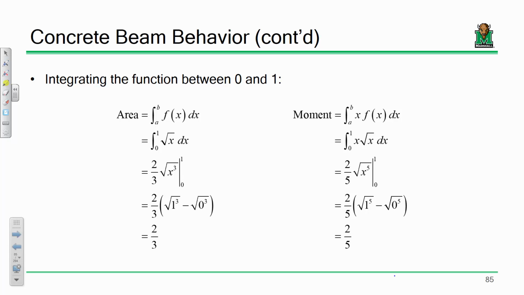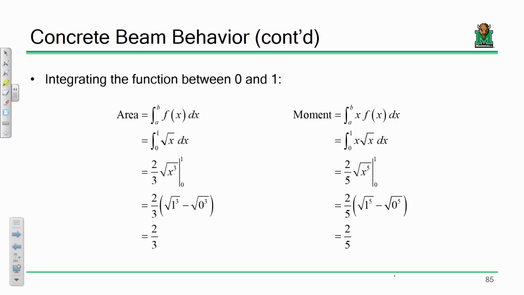Now that's the area. What about the moment? Okay, well, a moment is a force times a distance, or an area times a distance. So in calculus land, if the area is the integral of the function, the moment is the integral of x times the function. So I do a similar integral of, not the integral of the square root of x, but the integral of x times the square root of x.